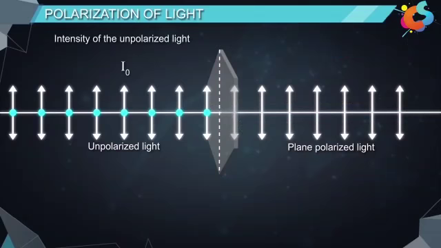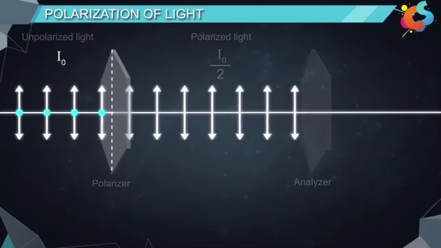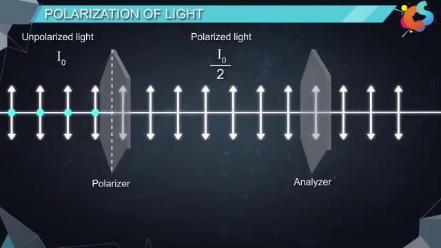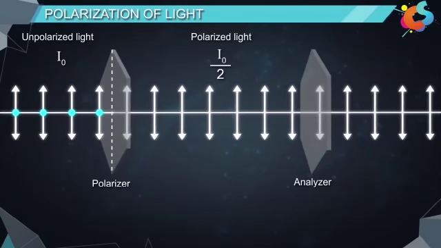If I0 is the intensity of the unpolarized light, then the intensity of the polarized light I coming out of the Polaroid is given by I is equal to I0 by 2. Now, if we pass this plane polarized light through another Polaroid, we will call this the analyzer.